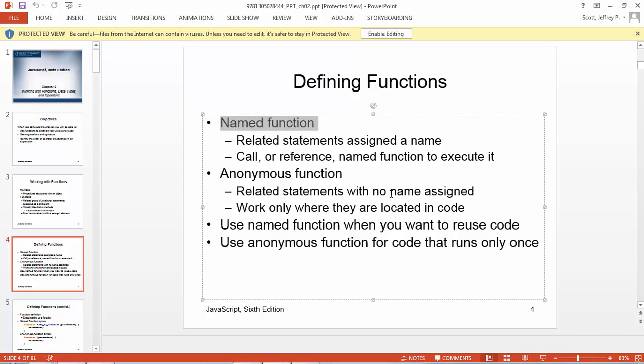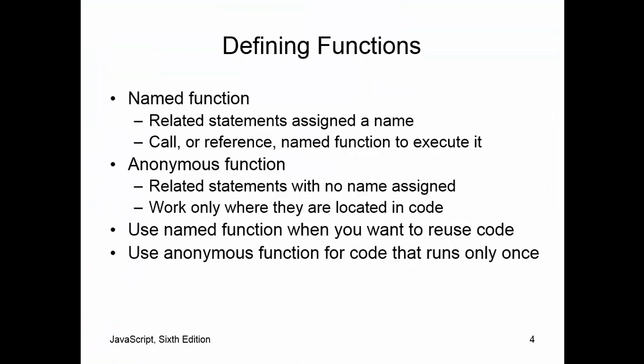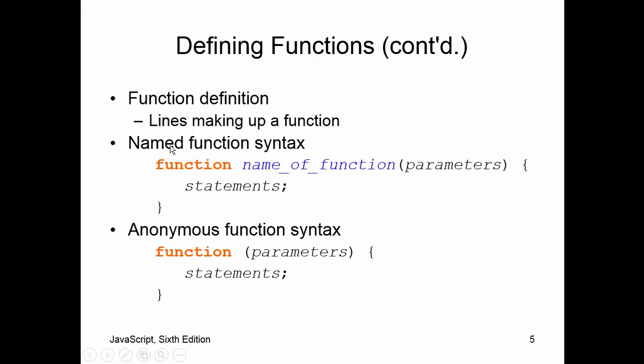Those are functions that don't have a name. So if you want to reuse the function, you use a named function. If you only want to run it once, you use an anonymous function. Well, the named functions are easier to work with, and since we're just learning, that's why I decided to do them that way.